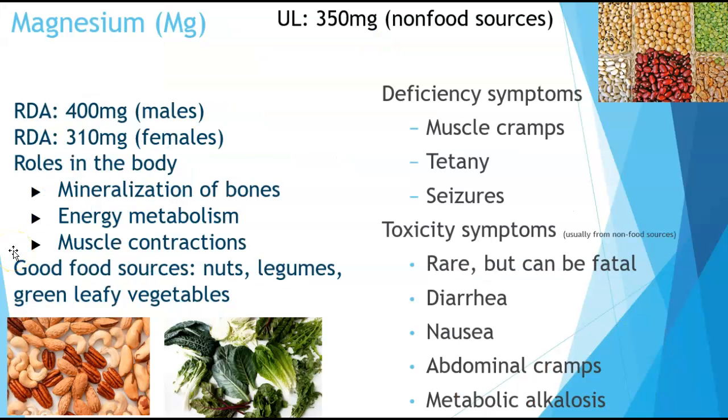Next one is magnesium. RDA for men is 400 milligrams per day, and women is 310 milligrams per day. And the upper limit from non-food sources is 350 milligrams per day. So this is things like medication.